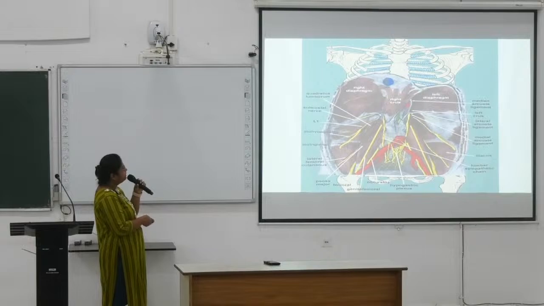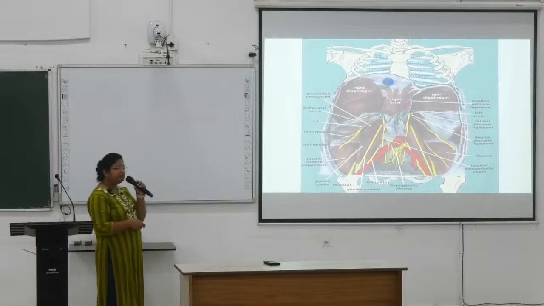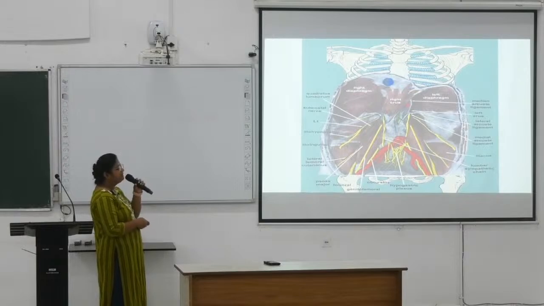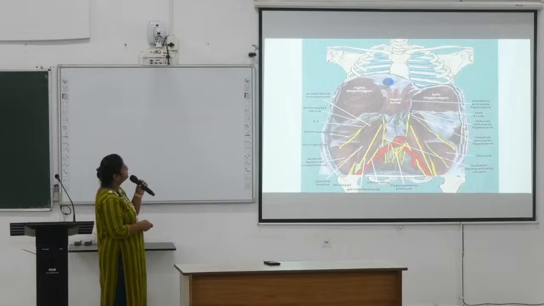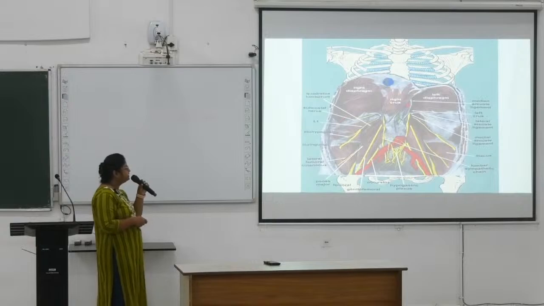And here is the sympathetic chain. So all these are branches from the lumbar plexus. Okay, and here is the formation of hypogastric plexus from the greater and lesser splanchnic nerves. Okay, so all these nerves you have to see during posterior abdominal wall dissection.